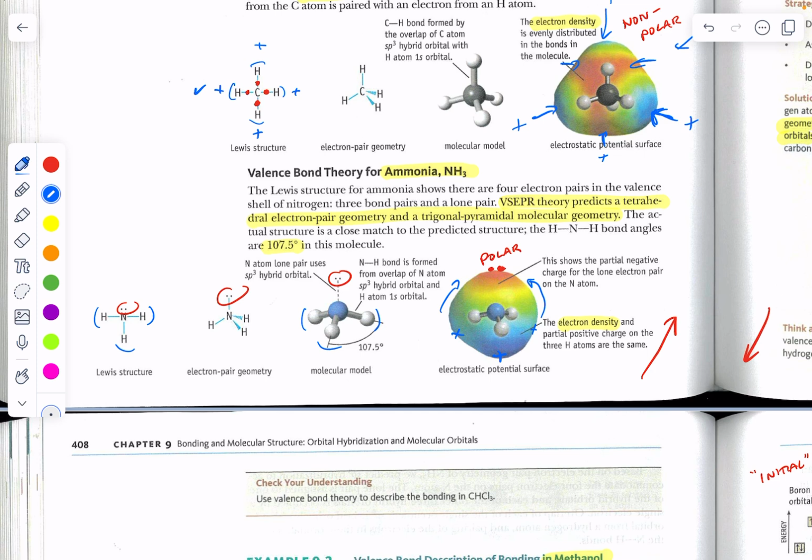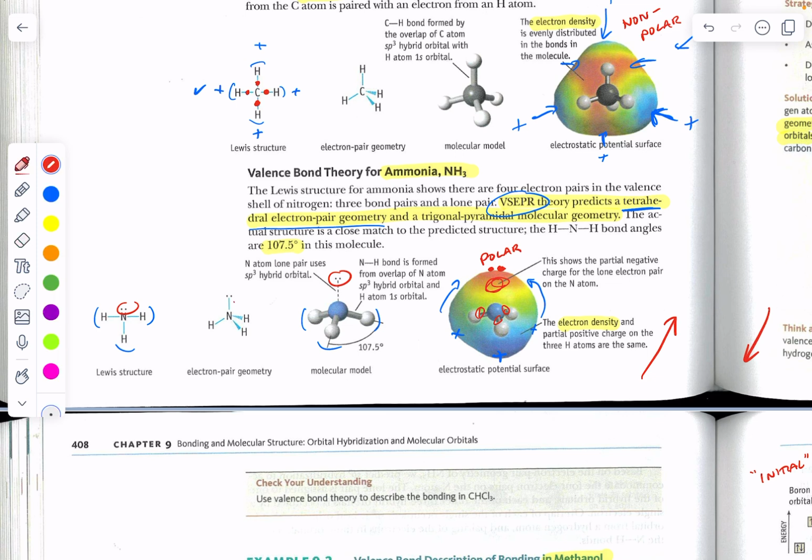And using our VSEPR model, we anticipate, or we would know, we have tetrahedral electron pair geometry, because again, when we think about regions of negativeness, there's a region of negativeness, and there, we got 4 regions of negativeness that are going to push our toothpicks. Let's do it over here.